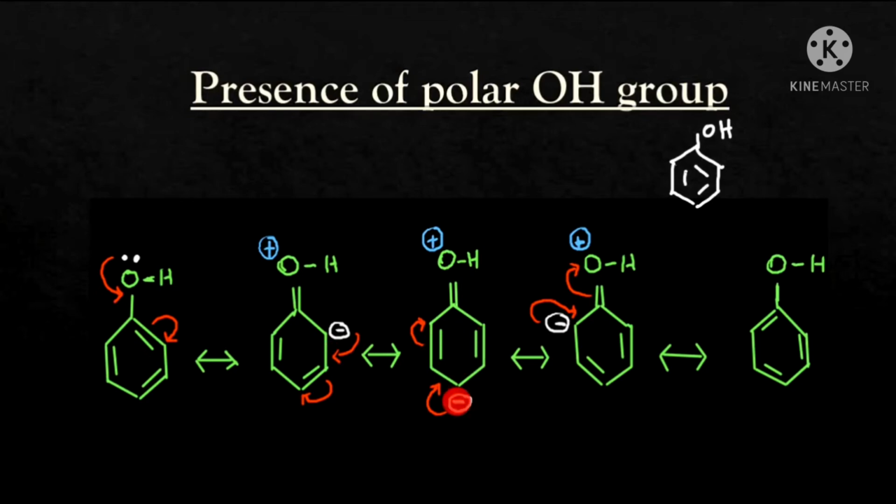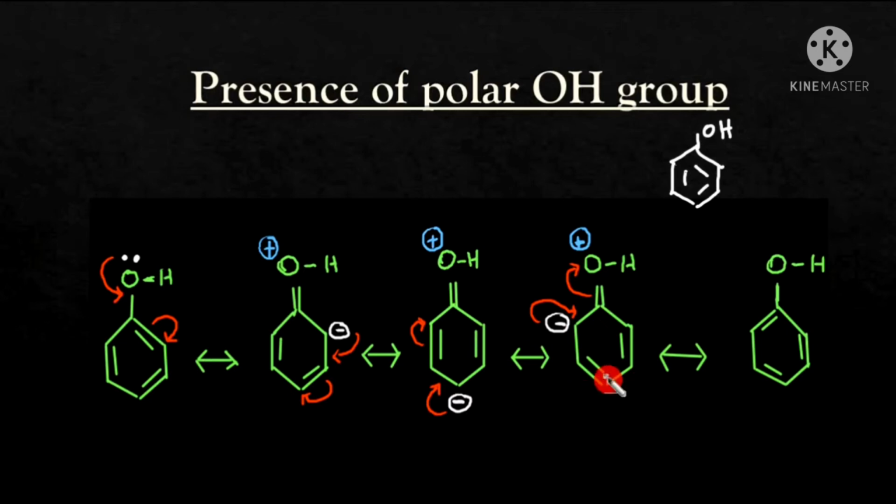In the next structure, there is delocalization of electrons. The electrons are delocalized to this position, and to compensate, again shift to this position. Likewise, shifting of electrons takes place, that is delocalization of electrons. The electrons are not localized in a particular position, rather they are delocalized. Because of this delocalization, we have different resonating structures.